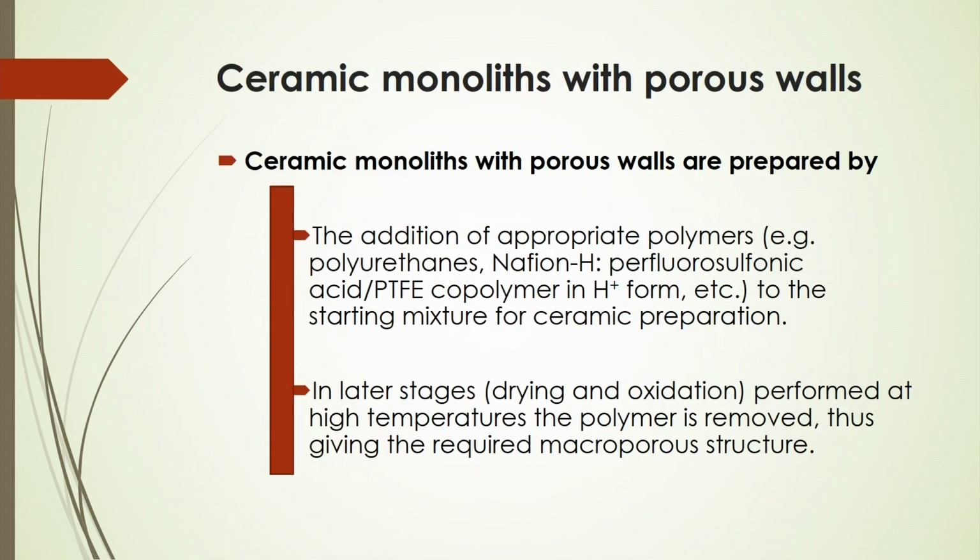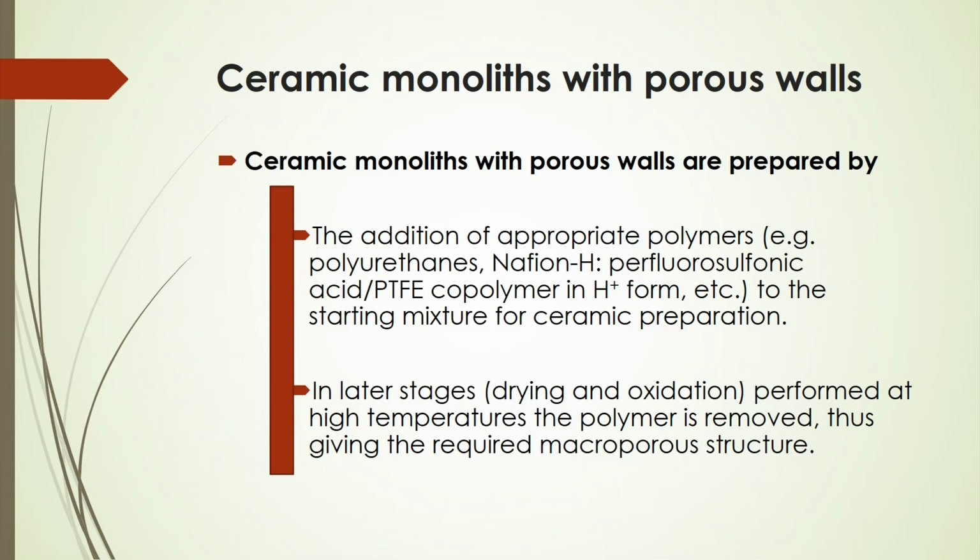Now, how do we prepare ceramic monoliths with porous walls? In this case, appropriate polymers like polyurethane, Nafion, perfluorosulfonic acid, and also PTFE, that is polytetrafluoroethylene copolymer in the hydrogen ion form, etc., are added to the starting mixture for ceramic preparation.